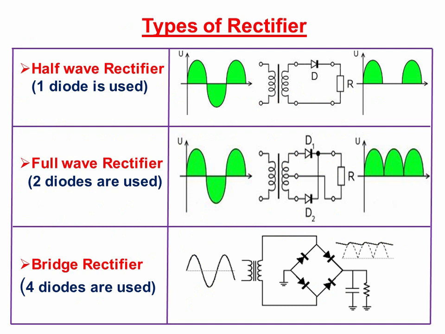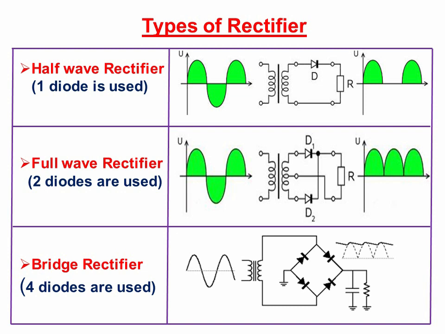Next, types of rectifier. There are three types of rectifier, namely half wave rectifier, full wave rectifier, and the last one is the bridge rectifier. In the half wave rectifier, only one diode is used. Refer to the diagram, you know the symbol. It has only one diode. Next, in the full wave rectifier, two diodes are used.